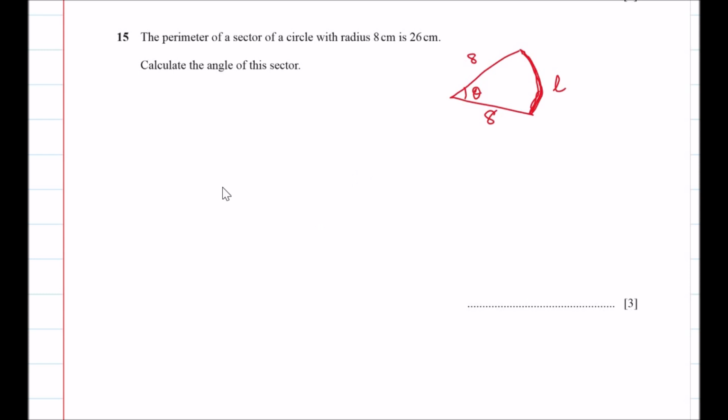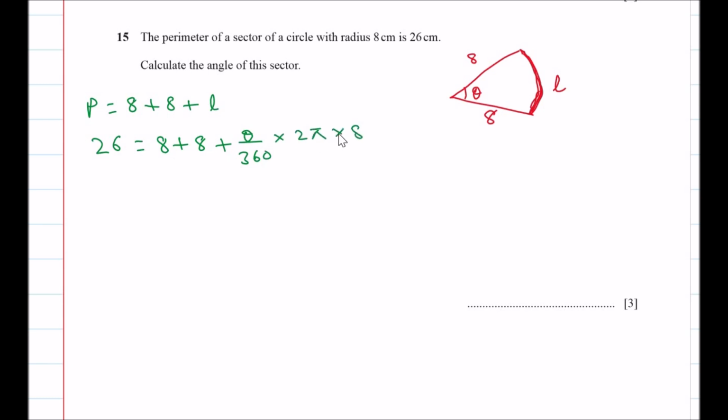Okay, and to find the perimeter, what we need to do, perimeter P is given by 8, both the radius plus the arc length of the sector. Now, arc length of the sector will be given by theta divided by 360 into 2 pi r.